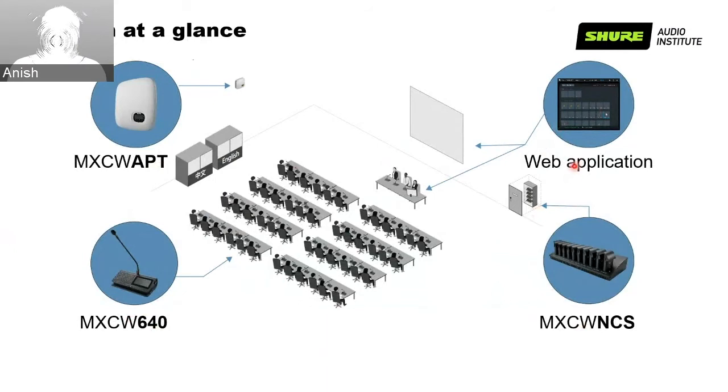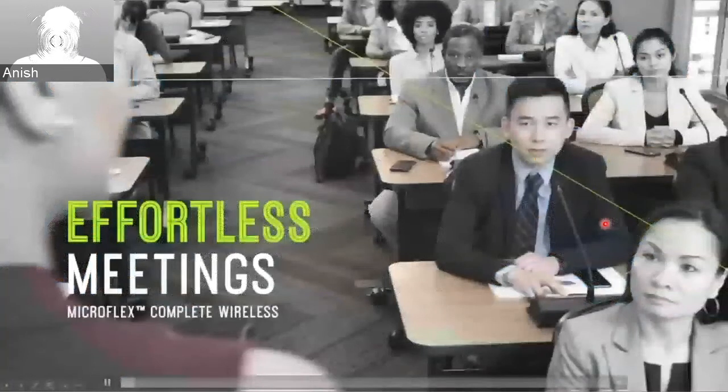There is a web application available, the APT, and you will be controlling the entire session on that. And then there's the charging station with the SB930 rechargeable battery. So we'll see a quick video on the setup and come back.